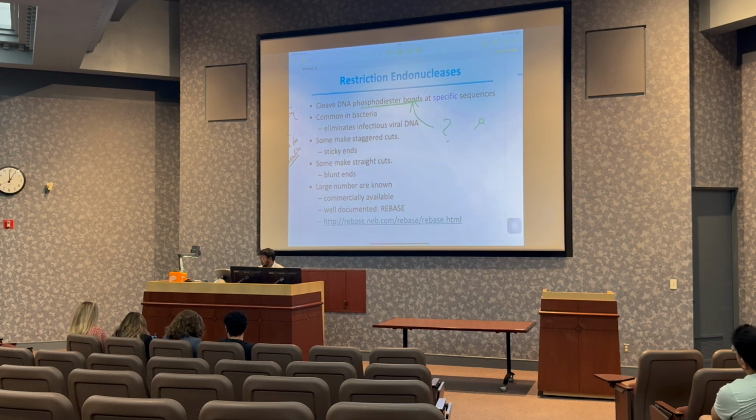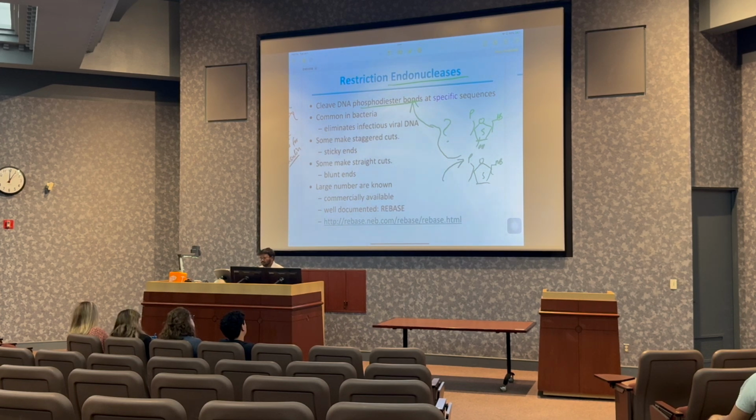Suppose this is a nucleotide with a sugar, a nitrogenous base, and a phosphate group. You will have another sugar, nitrogenous base, and phosphate group. This phosphate group and this OH will combine and make phosphodiester bonds.